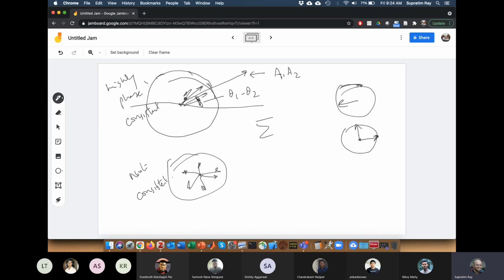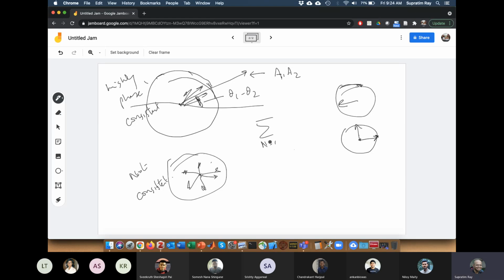Because if it is consistent, all the vectors point in the same direction, so there's hardly any cancellation. You get a big number. If they are all over the place, when I take a sum, I get a very small number. So I just take the sum across trials.